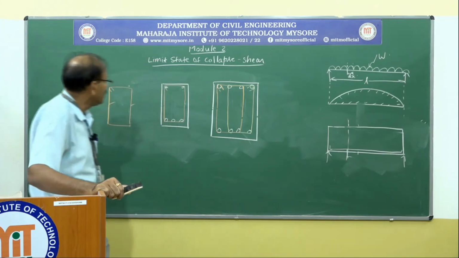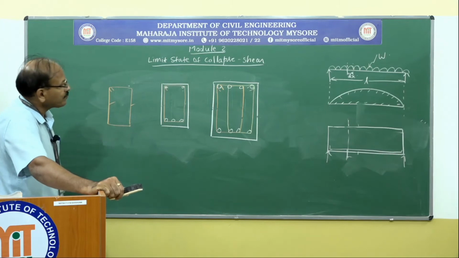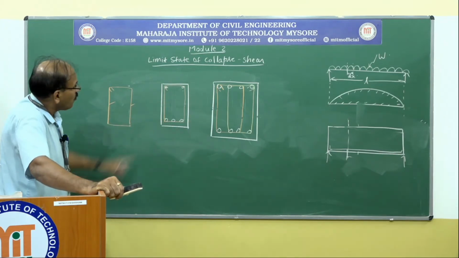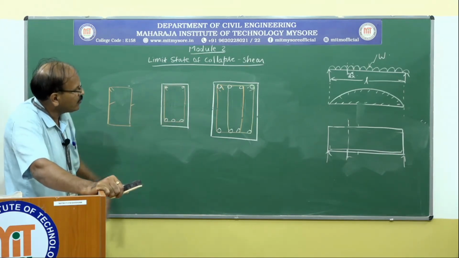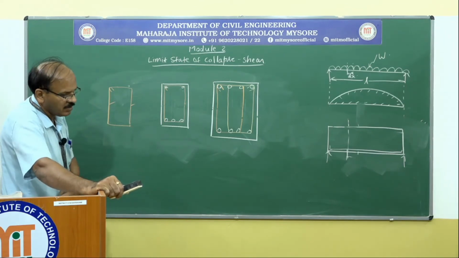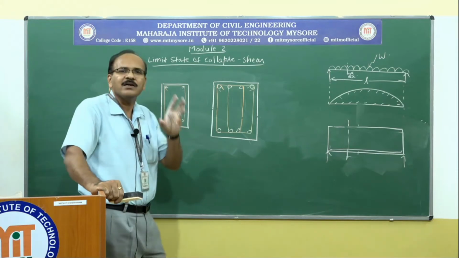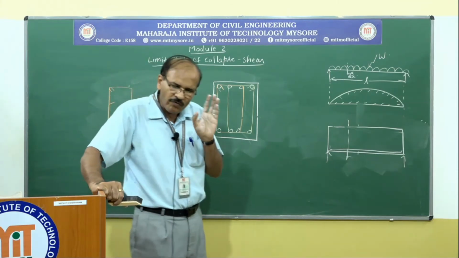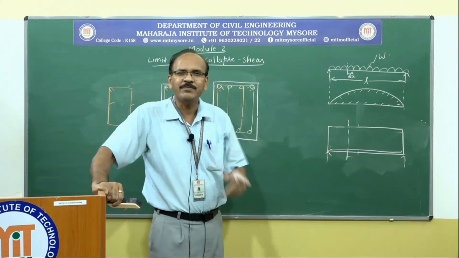Is it clear to you? Next, what kind of stirrup? Of course, we are going to provide these stirrups. And what are the diameters normally we go for? Normally, whenever we provide stirrups, we go for 6 millimeter and 8 millimeter.